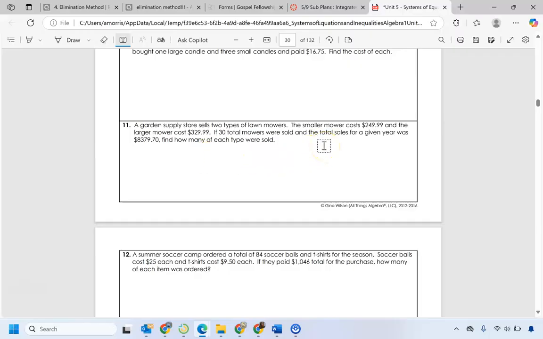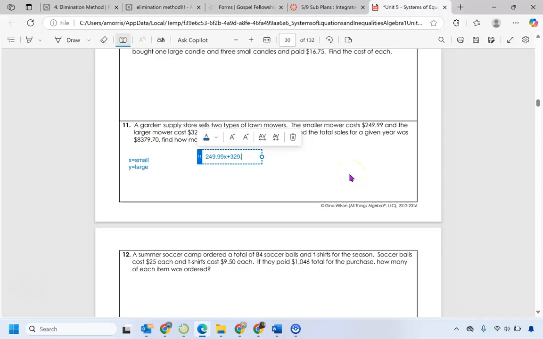All right, garden supply store. So you got your small lawnmower. These are a little different. The small lawnmower costs $2.49 and the large lawnmower costs $3.29. So X is going to be the small one, and then the Y is going to be the large one. It says 30 lawnmowers were sold, and total sales given for the year was this, okay? So that means I don't know how many small ones or large ones that I purchased.